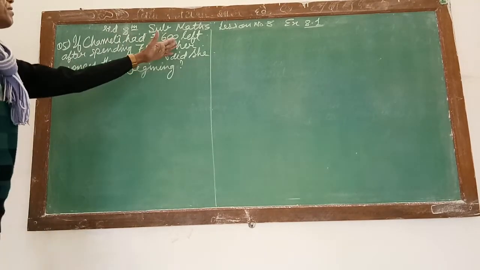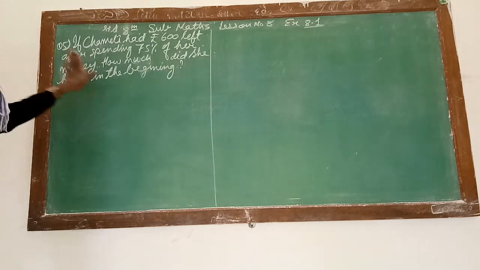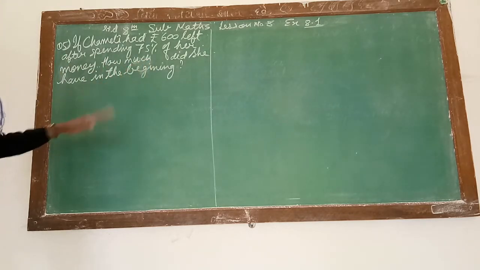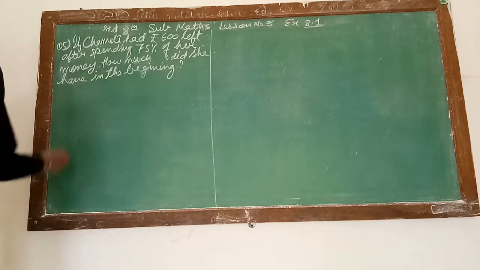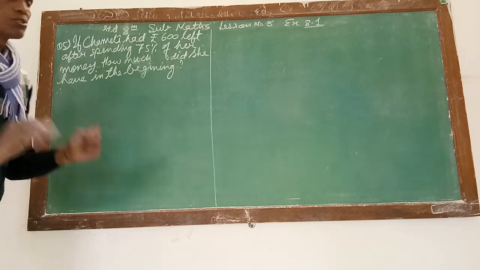Now students, question number 5. If Chameli had 600 rupees left after spending 75% of her money, how much money did she have in the beginning? Here, how much money she has in the beginning is not given.